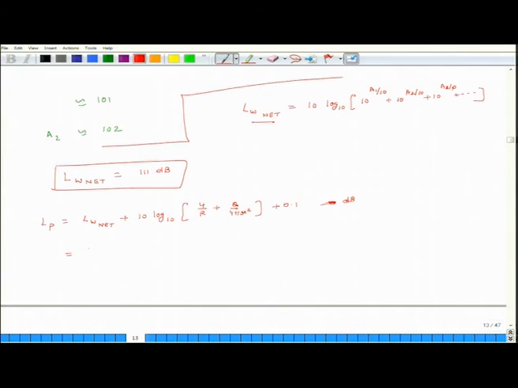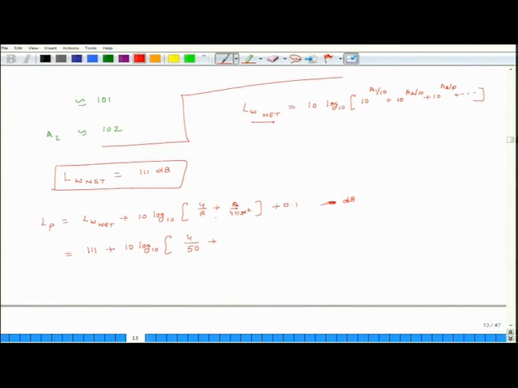So I substitute everything. I put 111 here plus 10 log 10, and what is 4 over R? 4 over 50, the room constant is 50 meters square, plus Q by 4 pi r square. What is the directivity?